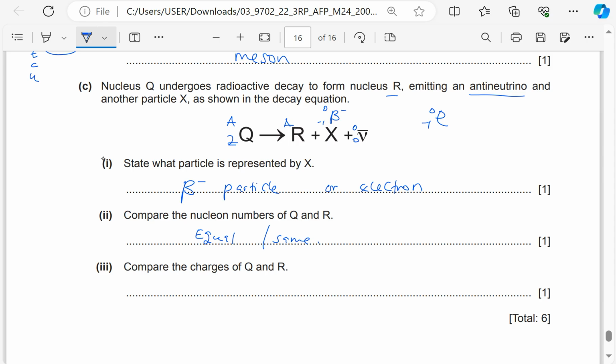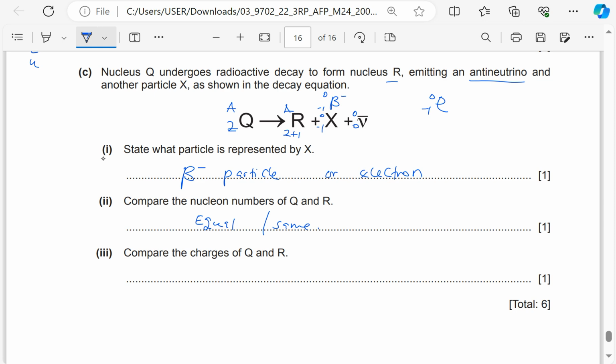Then compare the charge. Because it is 0, -1, this is going to be Z plus 1, because the proton number Z gives us the charge. So it means the charge of R is going to be greater than the charge of Q by 1.